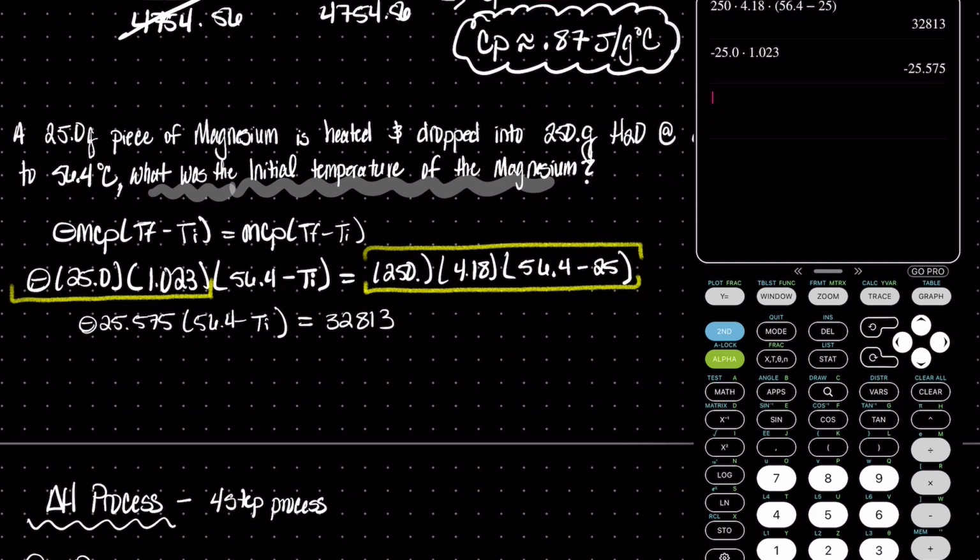Now, what's our next step? Distribute. Woo!